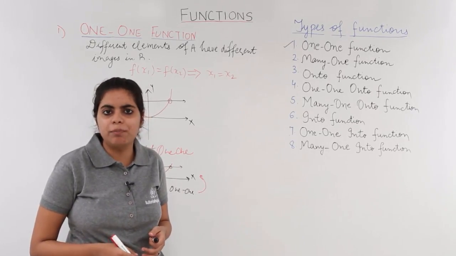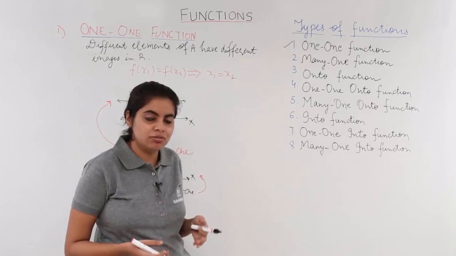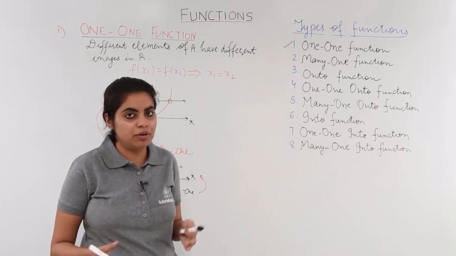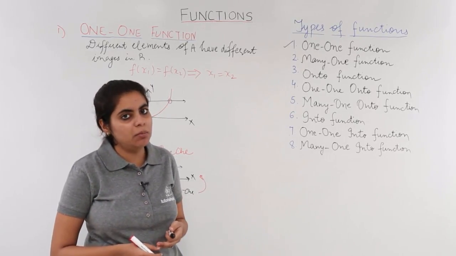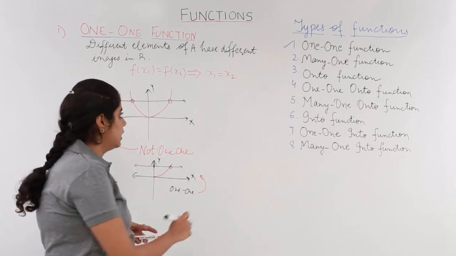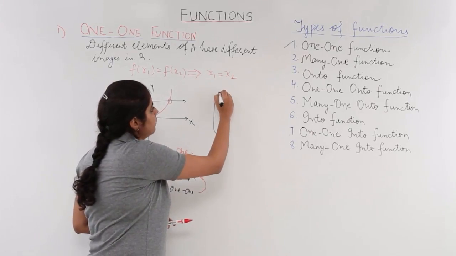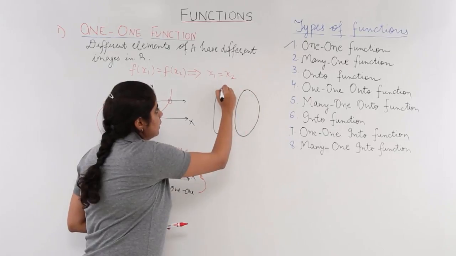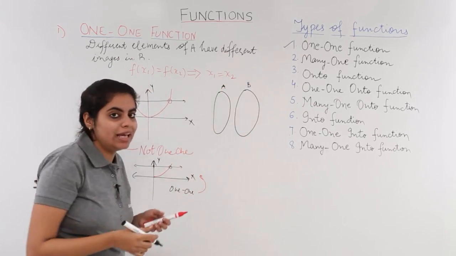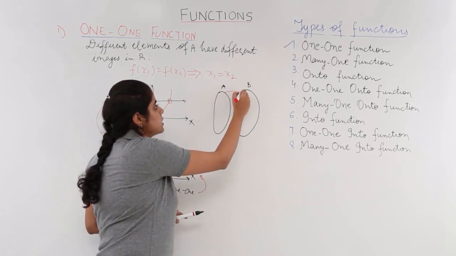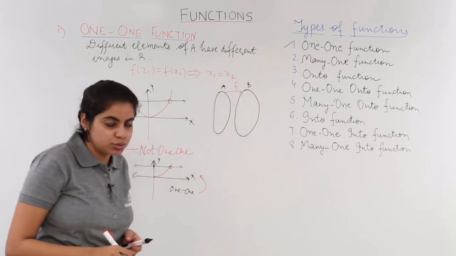But what about a mapping? Can we also judge whether a given function is one-one or not from an arrow diagram or mapping diagram? Let's have an example for the same. These are the two sets given to me, A and B, and a correspondence is given in the form of f as a function.